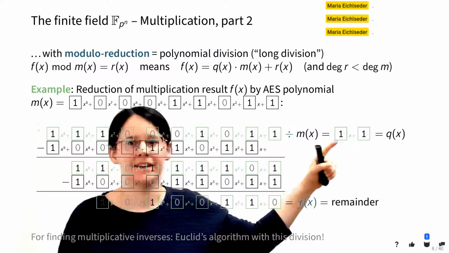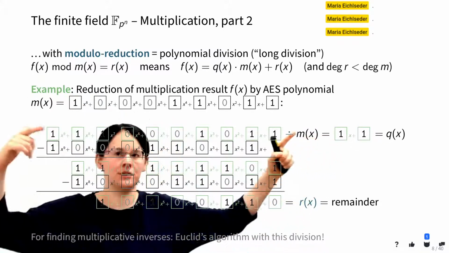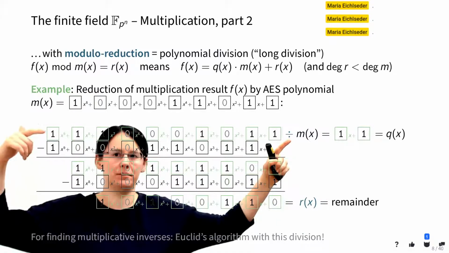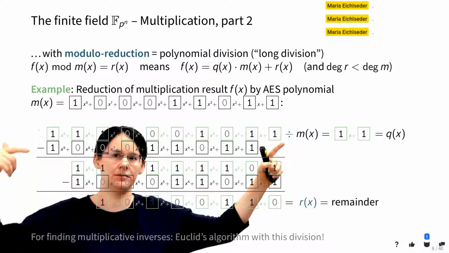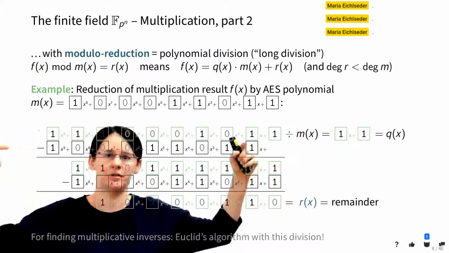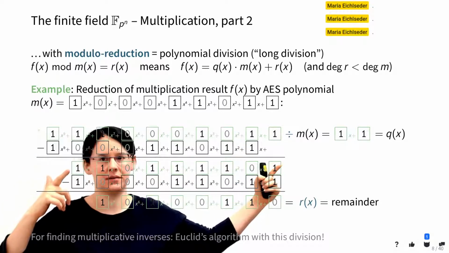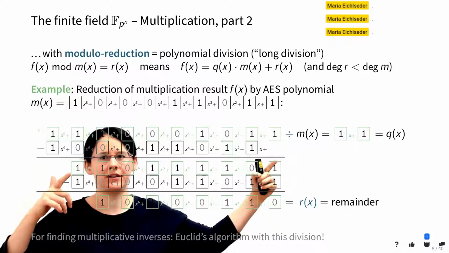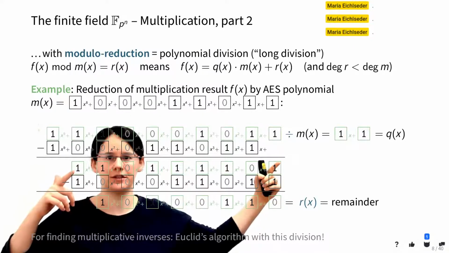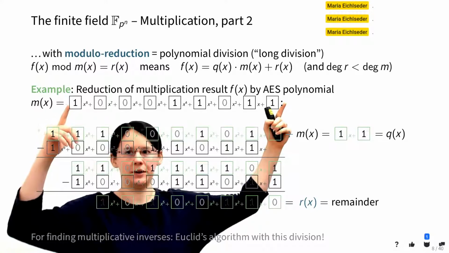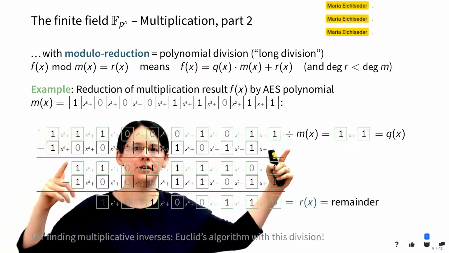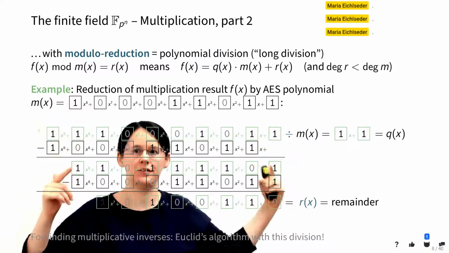Well, x times. Now I deduce x times the modulus from the original input, so minus the modulus shifted by 1. I get some remainder as a result. But this remainder is still of degree 8, which is the same degree as this one here, not smaller. So I can reduce again. I can again ask how often does this fit into here?